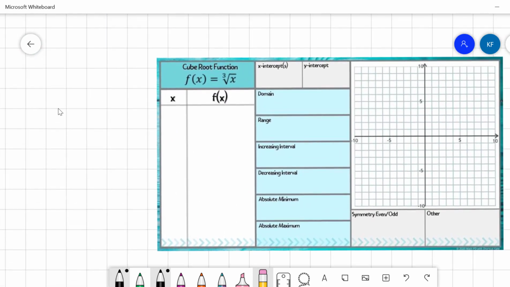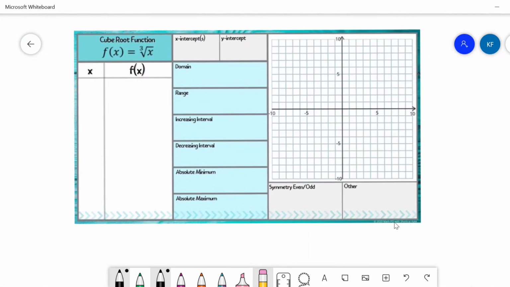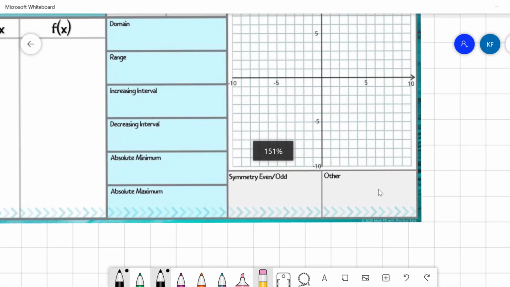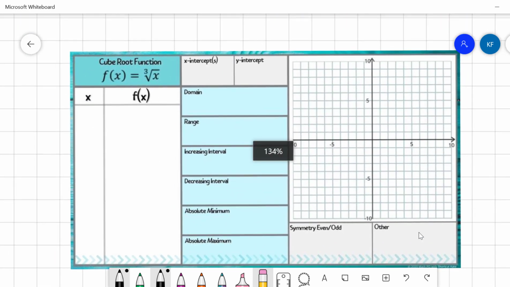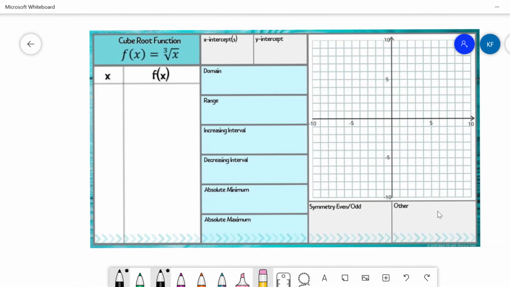All right, next one. It's the cube root function. So just like on the last example, we needed to find perfect squares. This time we need perfect cubes. So what am I talking about?